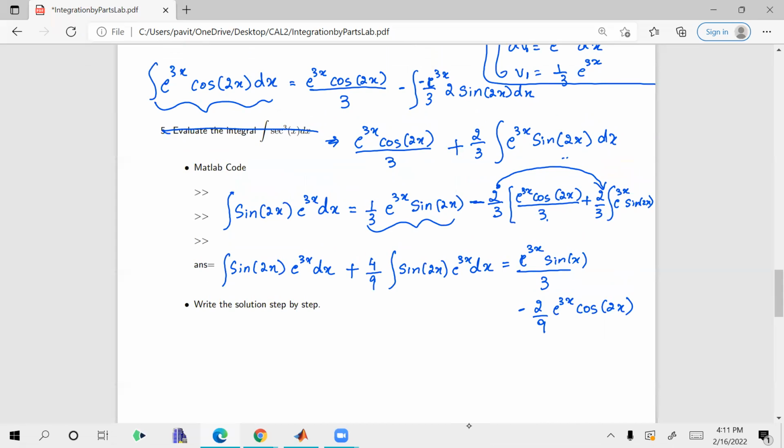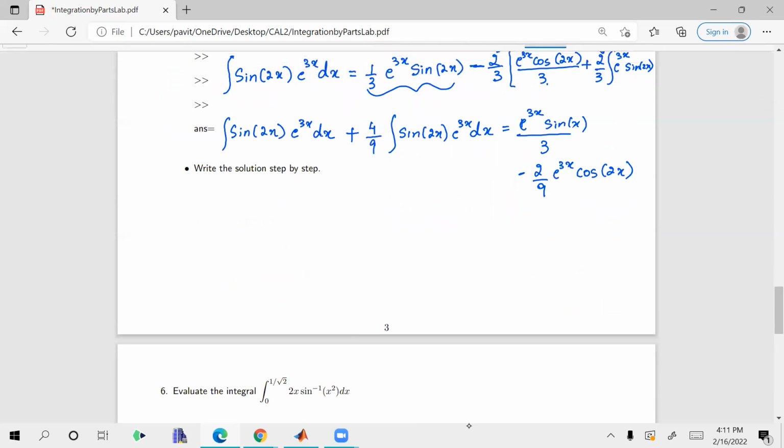You search for the like terms here, because the problem which is given is sine 2x e to the power of 3x, and I also have the same term on the other side. So why can't I just group the like terms to one side so that I will get back the question? Okay, you have to think like that. That's what I'm going to do here.